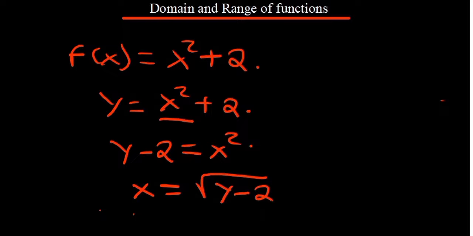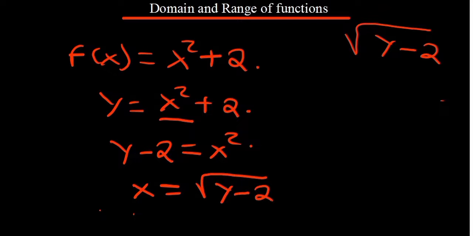For the range, we look at it from the point of view just as we determine the domain. What we have as our function is the square root of y minus 2. Are there any limitations? Is there any value that can make this function undefined in terms of the real numbers?